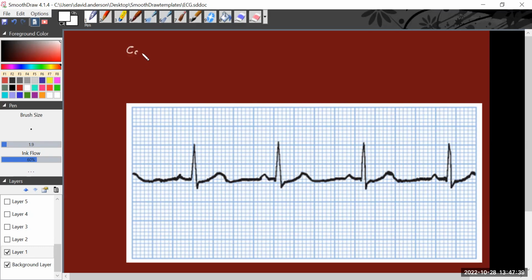So we're talking about cardiac dysrhythmias. And in the diagram that we're looking at right now, we're looking at what's called a normal sinus rhythm.